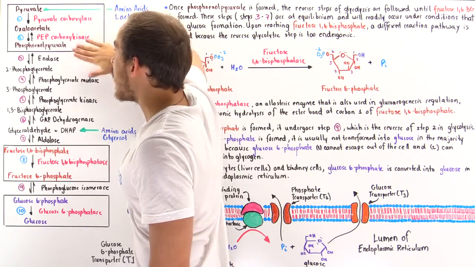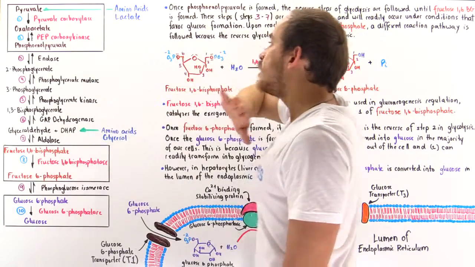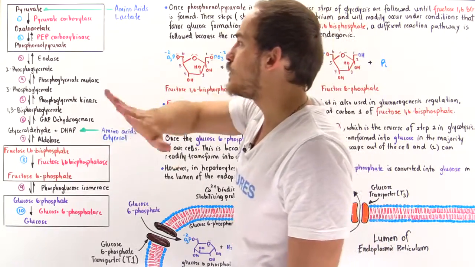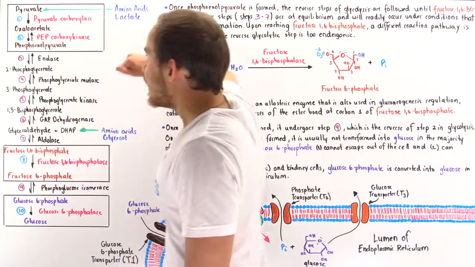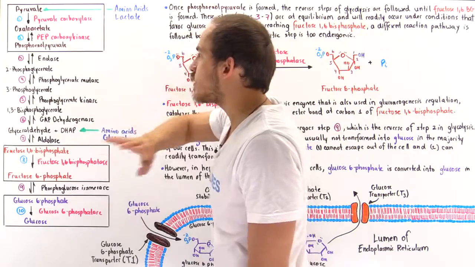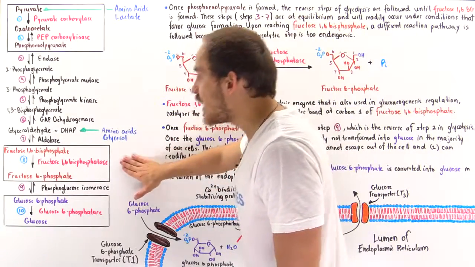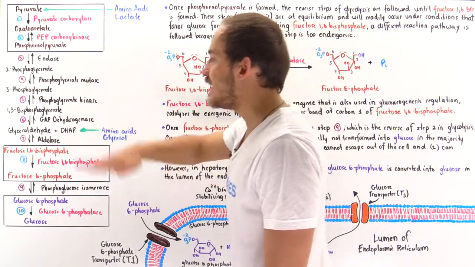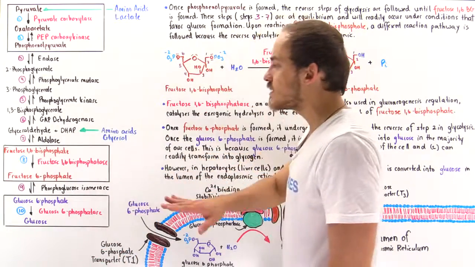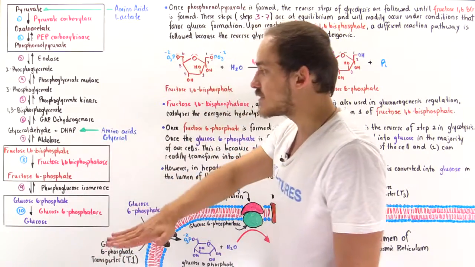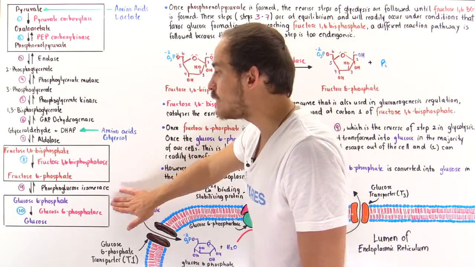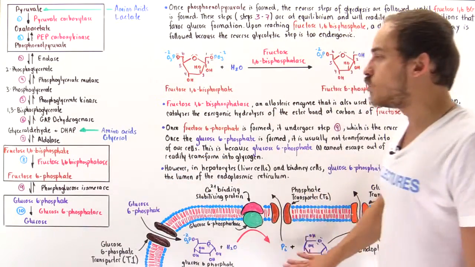And both of these steps are different from the steps that we saw in glycolysis. Now, steps 3 through 7 are the same exact steps as we saw in glycolysis. Step 8 is not the same, step 9 is the same, and step 10 is not the same. Step 8 takes place in the cytoplasm, as does step 9, but 10 takes place in the lumen of the ER.